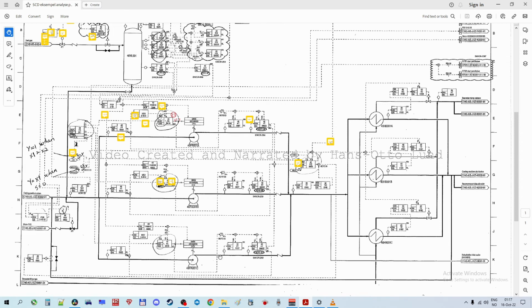Actually, if you close the line totally here and it's running, it won't hurt the pump. That's the way these centrifugal pumps work. So you don't primarily need protection to watch out for a high pressure on this side.